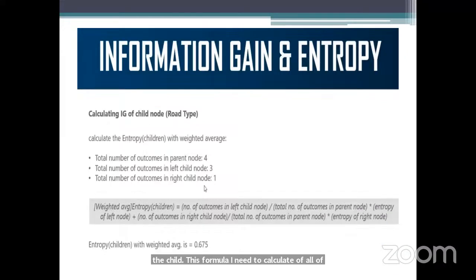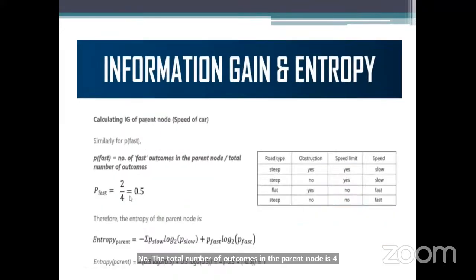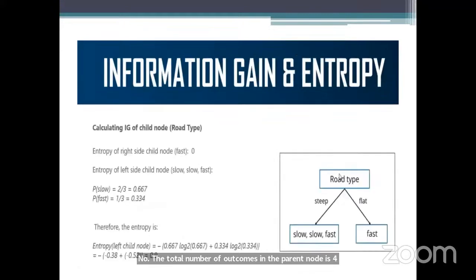So first of all, you need to calculate the weighted average of the entropy. Now, the total number of outcomes in the parent node is 4. The parent is giving 4 outcomes, so here 1, 2, 3, and 4.